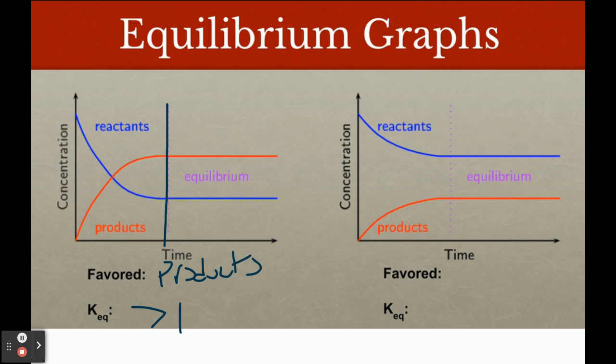The second graph on the right, again, the purple line is where we have reached equilibrium, and the concentration of the reactants is higher than the concentration of the products for this reaction. So the reactants would be favored, which means that the KEQ would be less than 1 for this reaction.